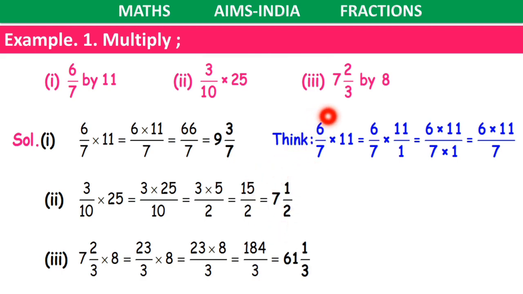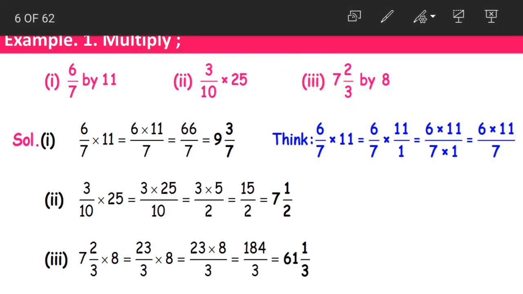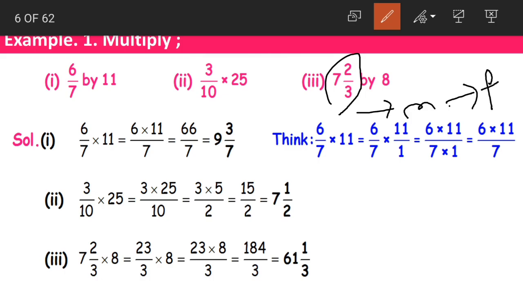Now coming to the third question, 7 2 by 3 multiplied by 8. Now here this 7 2 by 3 is a mixed number. So what should we do? We should convert it into an improper fraction. Now how will we do that?